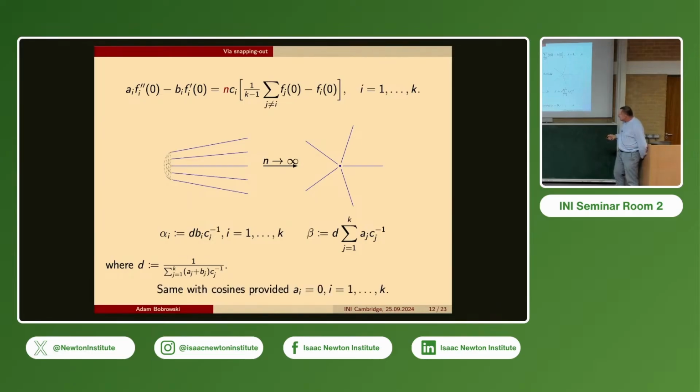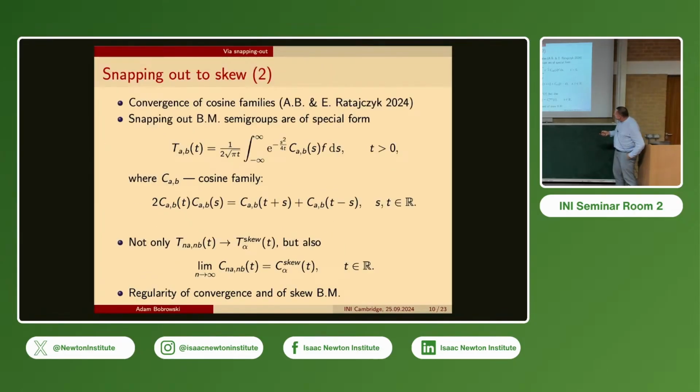And again, the same can be done with convergence of cosines that are hidden there. But to do that, you need to have these a_i equal 0. The problem is that these are all contractions, because these are Feller semigroups, but these cosines do not need to be.